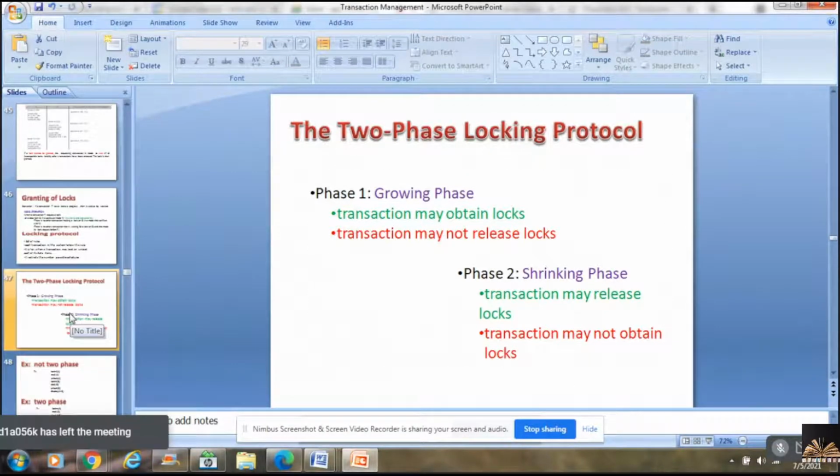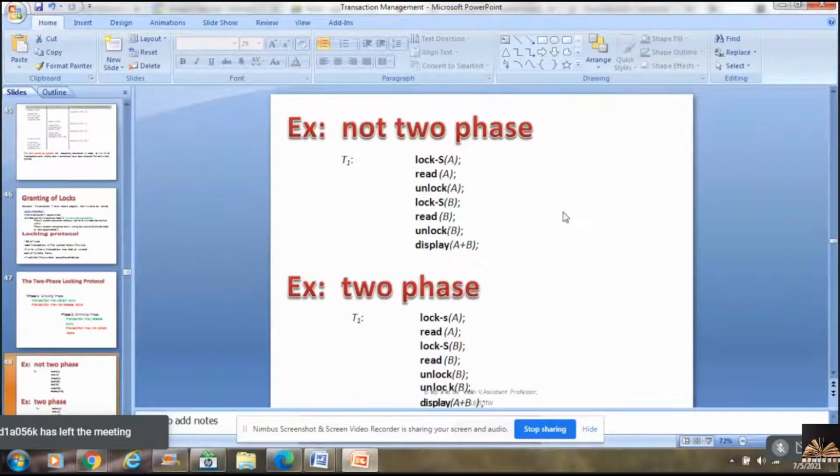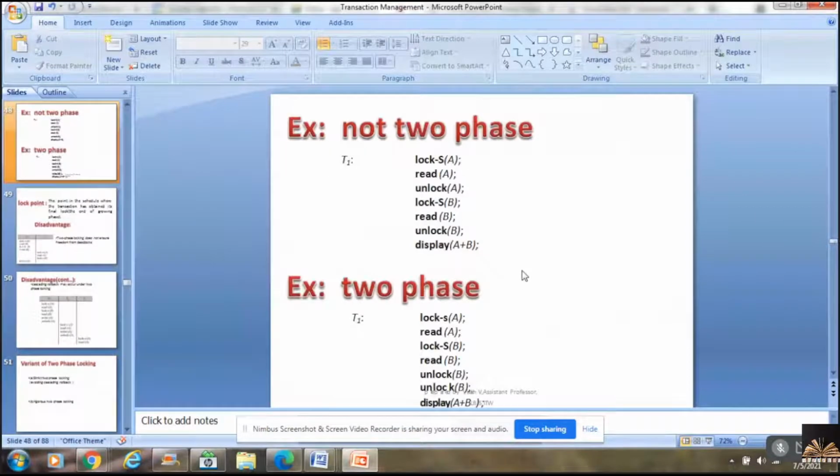And this leads to the concept of problems. See, I've given an example with not two-phase and two-phase.